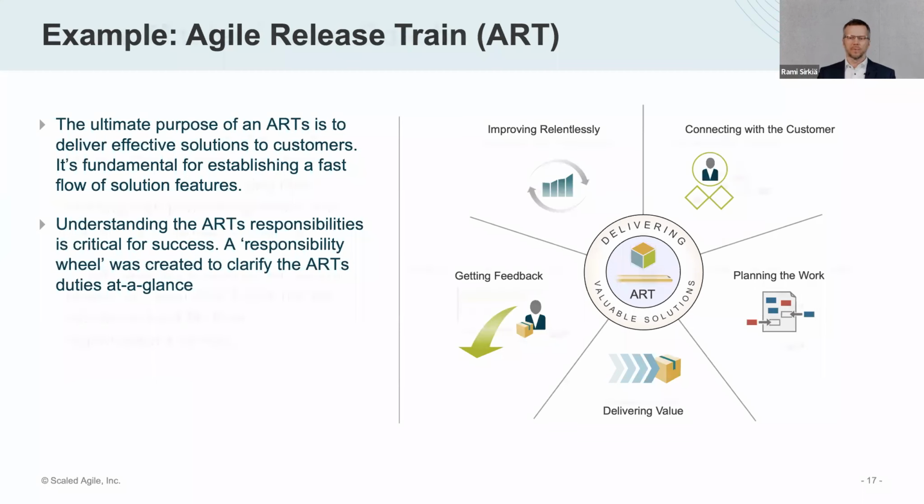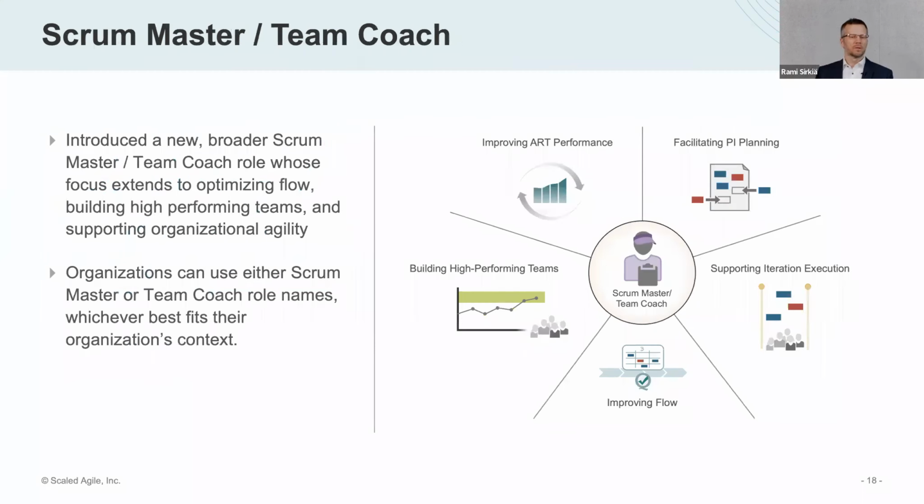Let's take another example of this responsibility wheel: Scrum Master / team coach. So you obviously know that there's a name change here, just respecting the fact that not all the teams are running with Scrum. So we still believe that there should be somebody coaching and helping teams to improve their ways of working. And if you take a look at this responsibility wheel, it's not actually that much about the individual team, but about how the team operates in the larger context.